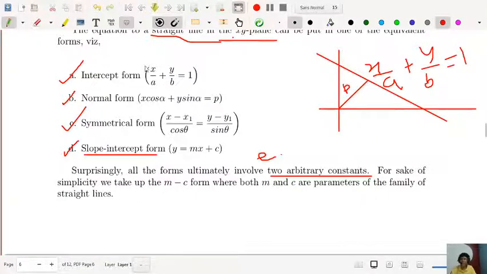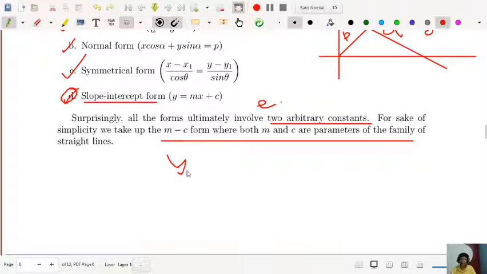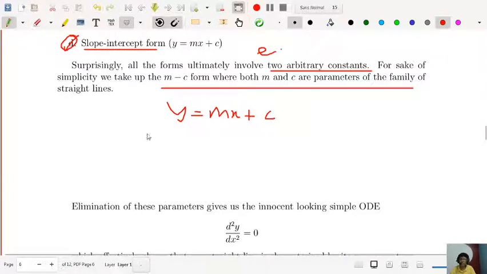For the sake of simplicity, I am just considering the slope intercept form, y equal to mx plus c. Let us differentiate this, first order derivative dy/dx. m and c are parameters, so you have m. Differentiating again, you have d2y/dx2 equal to 0.